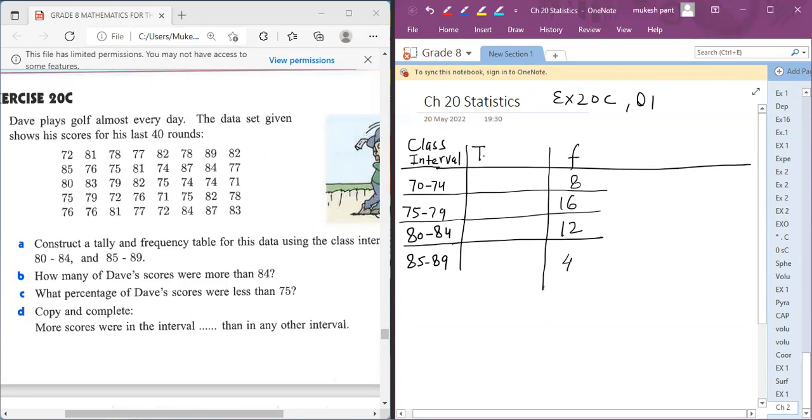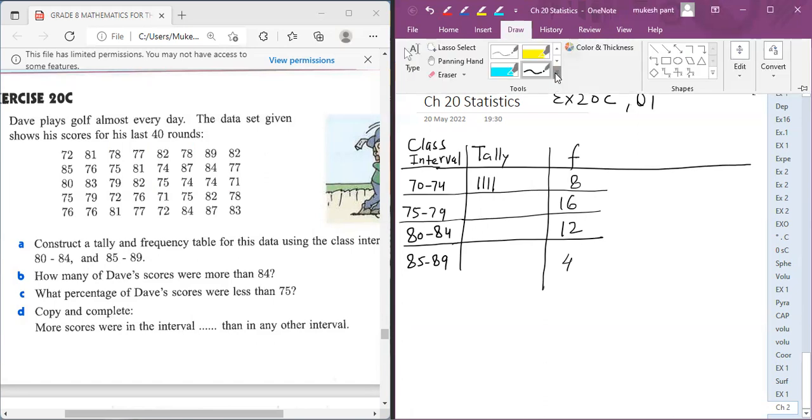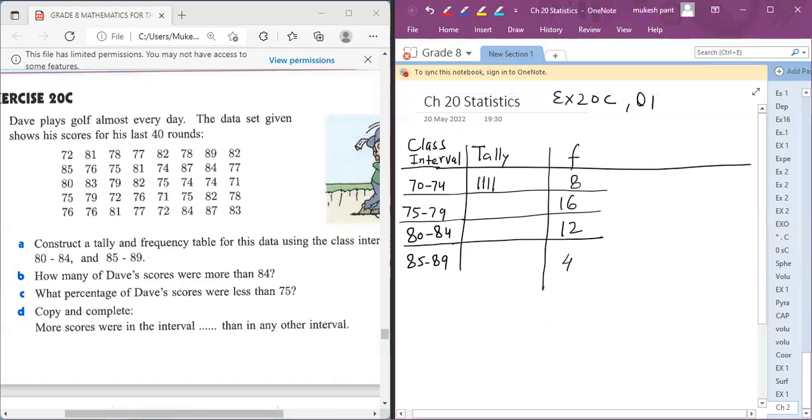Now you have to draw the tally marks here. So this is 1, this is 2, this is 3, and this is 4, and for the fifth one a line across. This is 5. Then 6, 7, 8.